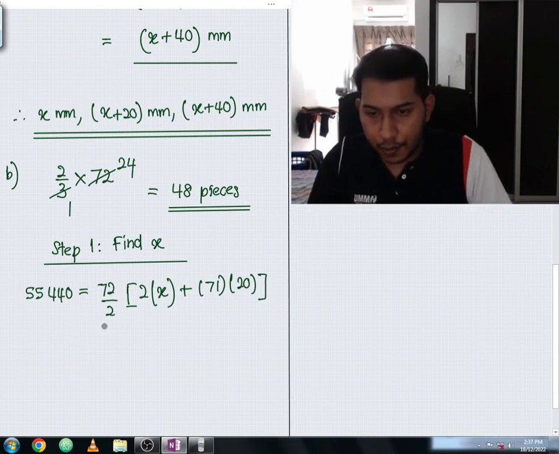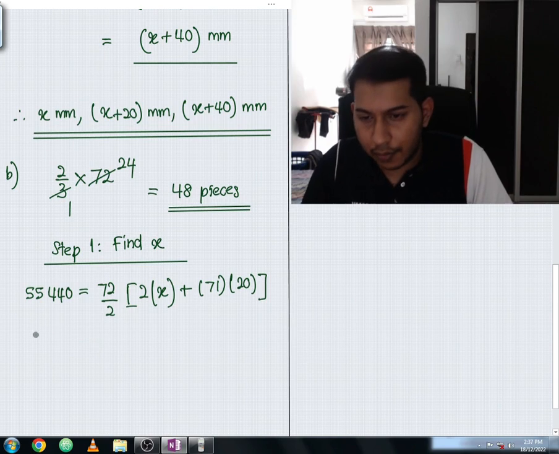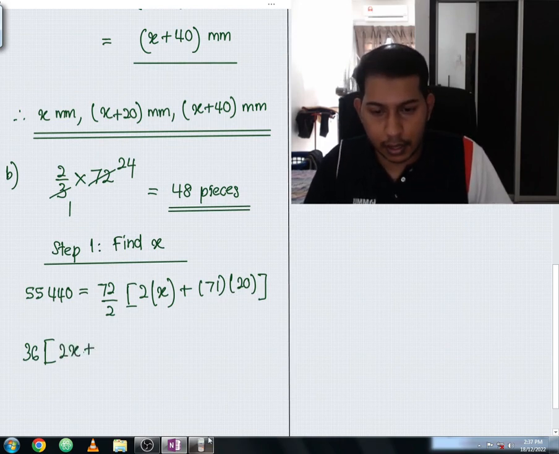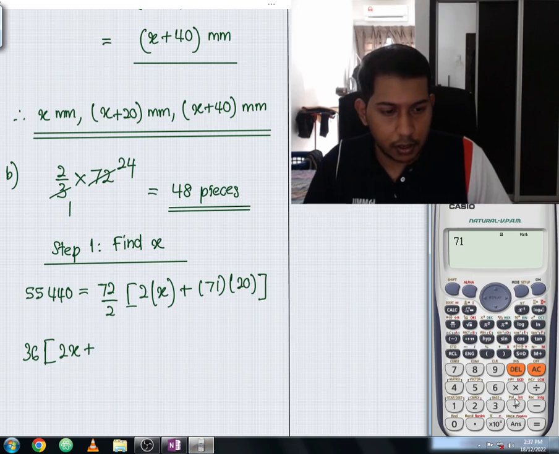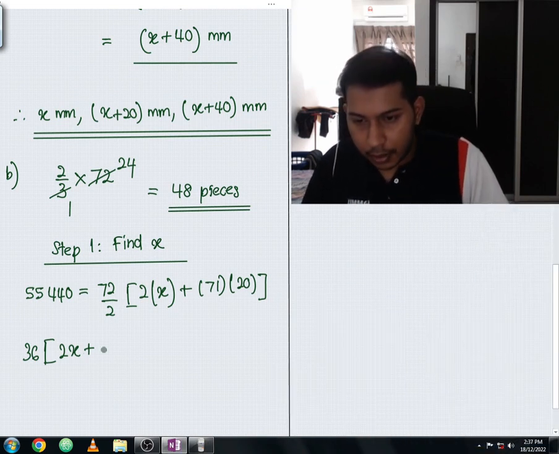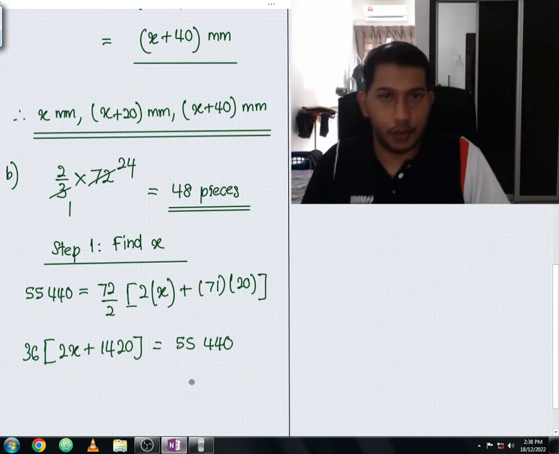72 divided by 2, and later we rearrange the equation so that it will be easier for us to solve. 72 divided by 2 is 36, times square bracket 2x plus 71 times 20. Calculate this: 71 times 20 is 1420. So 36 times (2x plus 1420) equals 55,440.